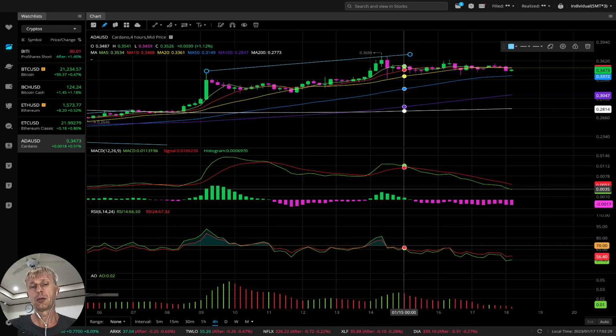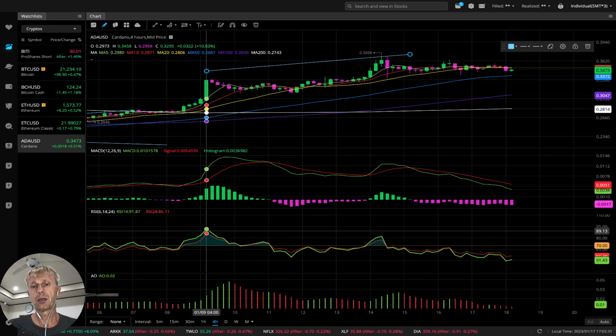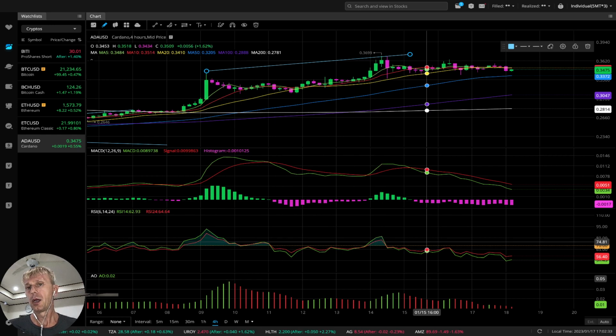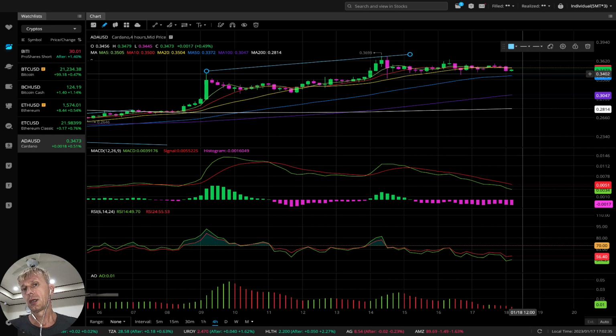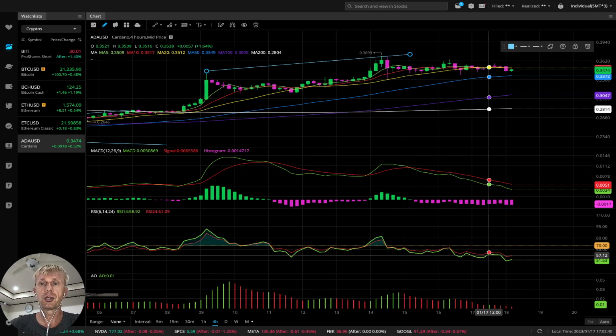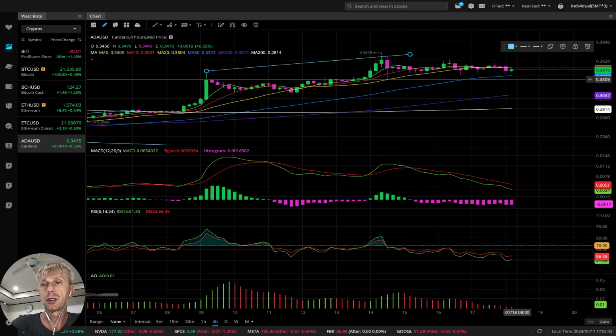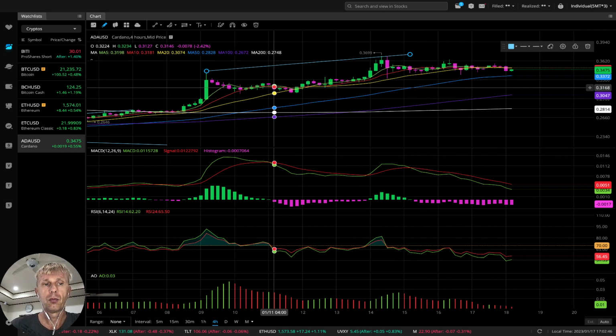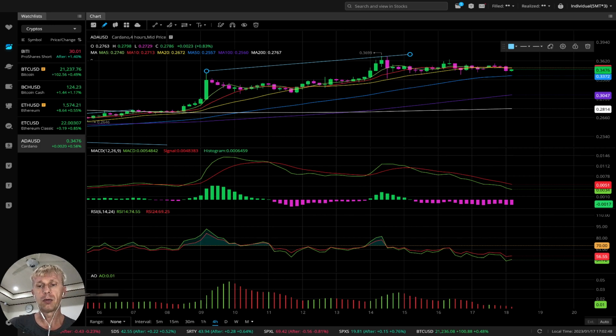Downtrend on the MACD histogram. Downtrend on RSI, on awesome oscillator. Bearish divergences, and bearish signal on all indicators, and the last bar closed below MA5, 10 and 20. Bearish signal for ADA on 4 hours.